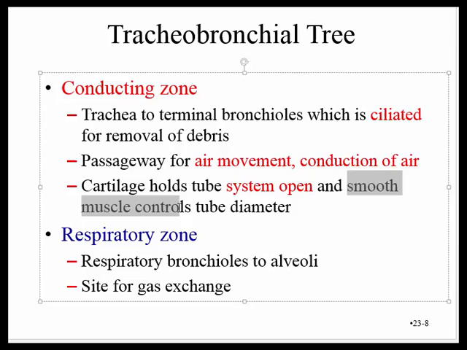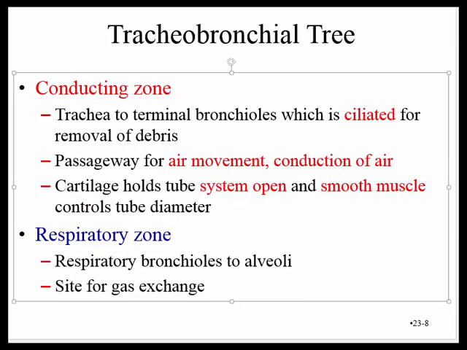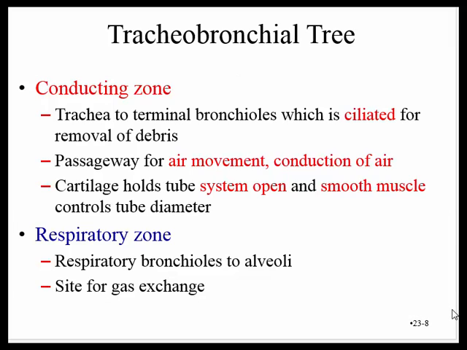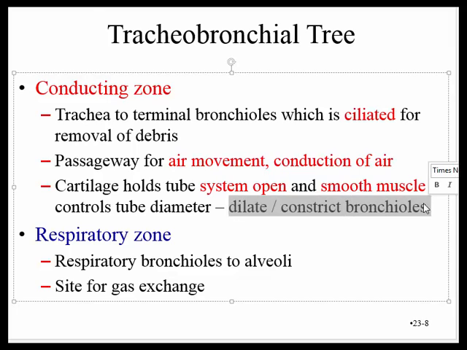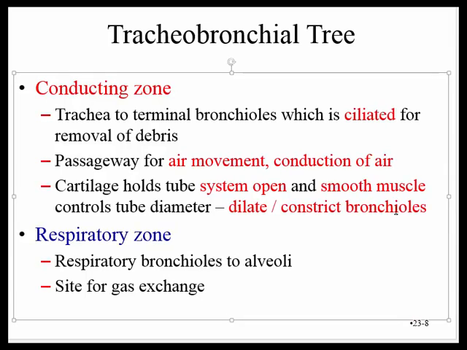And there's smooth muscle that will exist around those cartilaginous tubes as you get a bit deeper into the tree. And what that does is help to dilate or constrict bronchioles. So one of the functions, for example, of epinephrine is to dilate bronchioles, and what that's going to do is open up that airway in the event of an allergic reaction, for example.